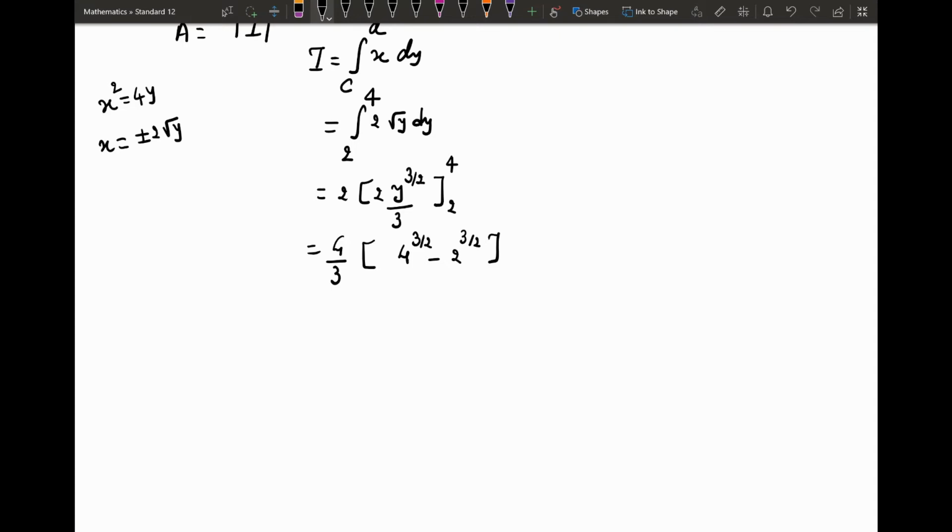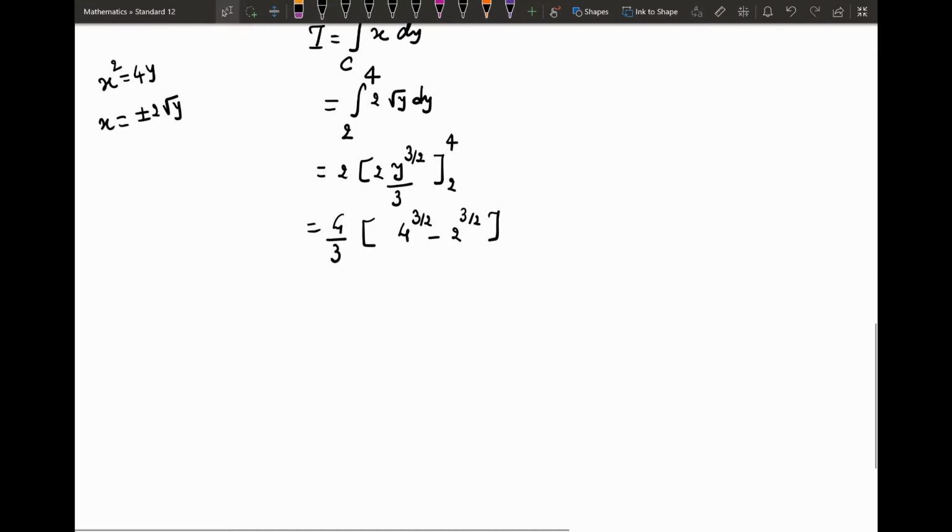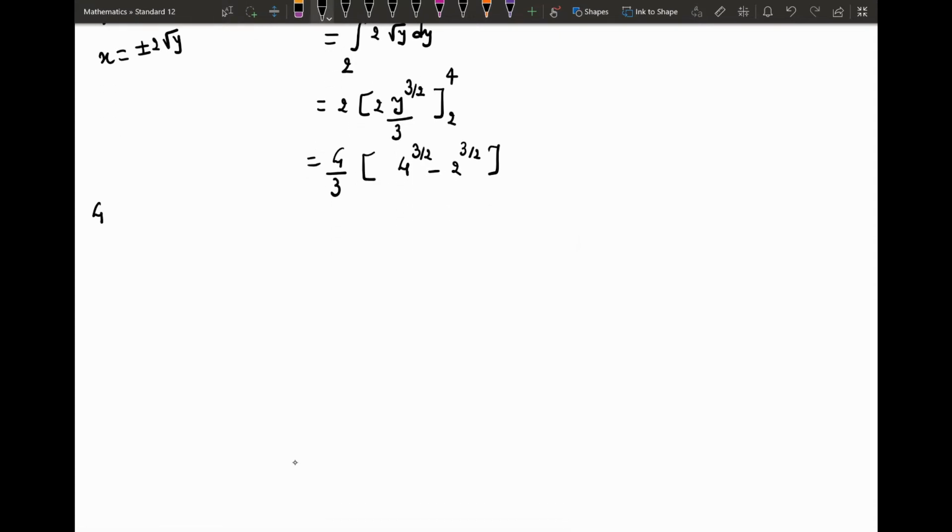So again simplification: 4 raised to 3 by 2 is 2 square raised to 3 by 2, so it is 8. So this is 4 by 3, 8 minus 2 raised to 3 by 2.